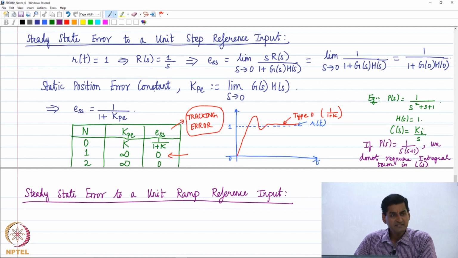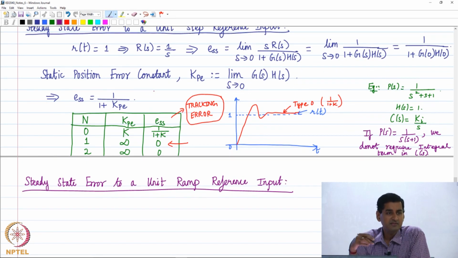Not in that sense, but the question boils down to what the typical inputs are that you need to follow, that you need to track. That is a question we need to ask ourselves. Based on that, sometimes we can intuitively adjust the open loop transfer functions and design. The design goes both ways.